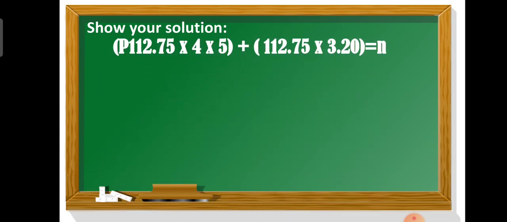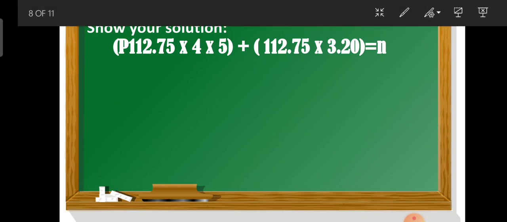Okay, we need to multiply 112 and 75 times, we can directly multiply it by 20 because 4 times 5 is 20, so we can write 20 here. So that is 112 and 75 hundredths times 20.